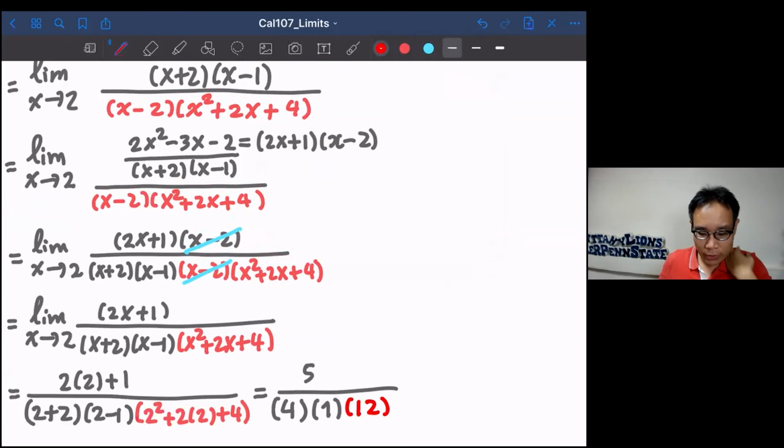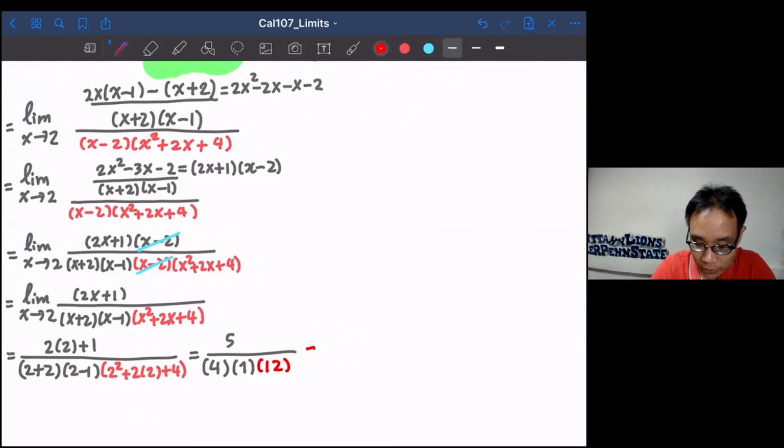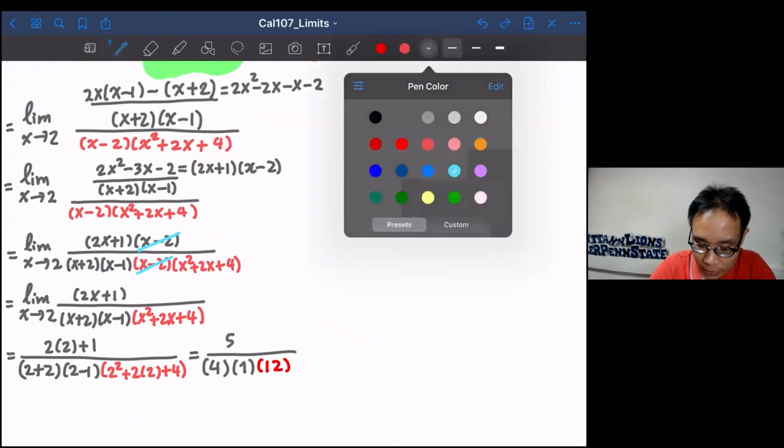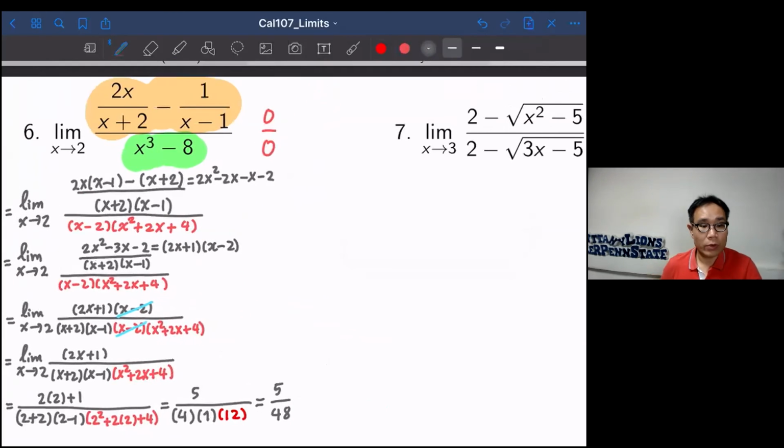In this case, the final answer will be 5 over 48. This is the whole solution for number 6.